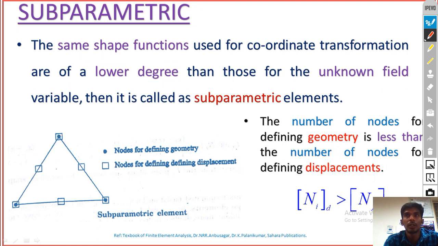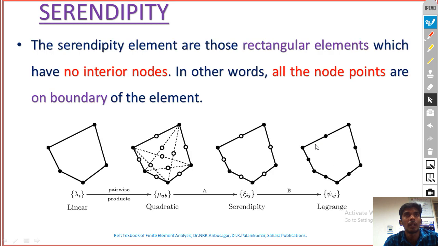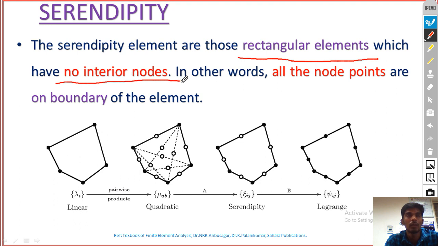We move on to the next one, the serendipity element. What is serendipity? It has a simple definition. Compared to the previous three, isoparametric, superparametric and subparametric, serendipity is very simple. Serendipity elements are rectangular elements which have no interior nodes. That is the specific meaning of serendipity.